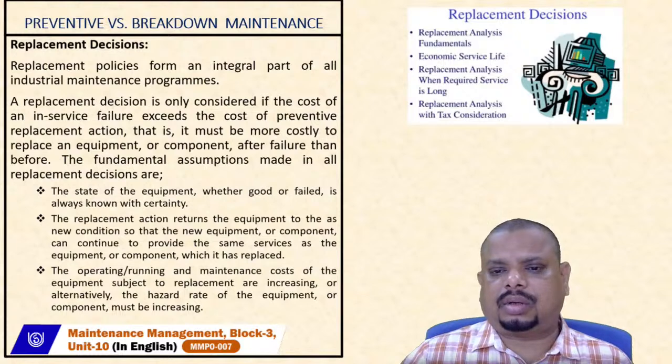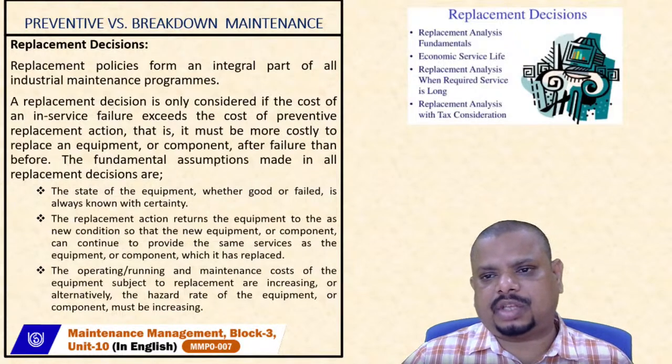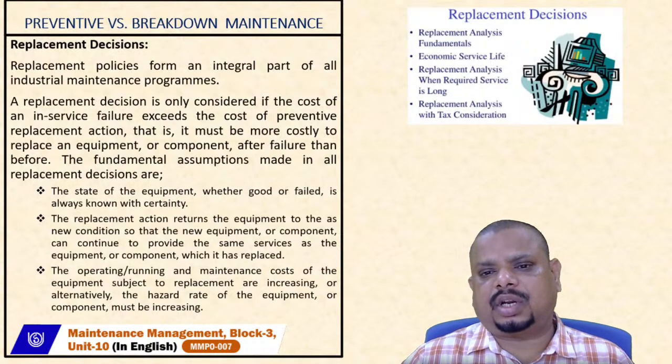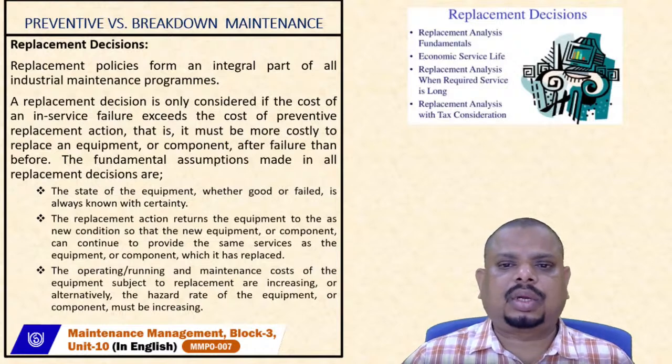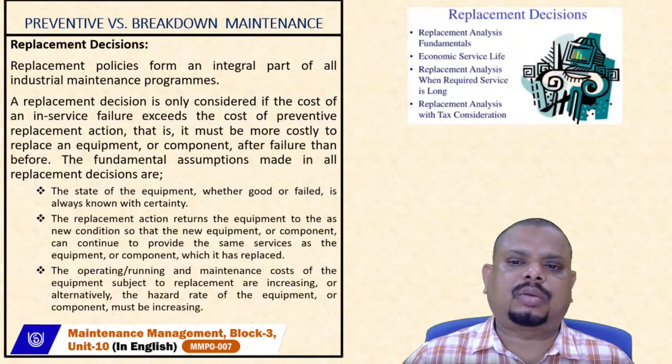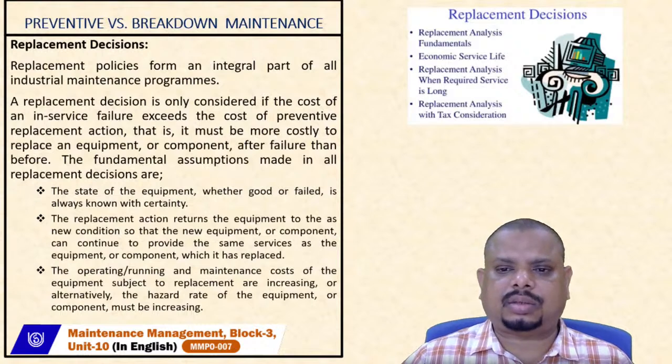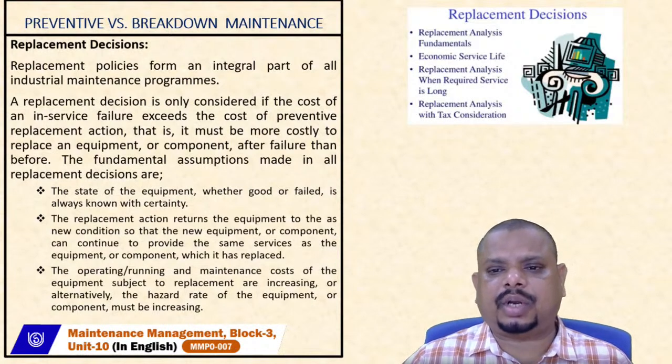If you go to the other aspects of replacement decisions, you have to conduct replacement analysis fundamentals so that you can easily identify the condition of the machines. Then you must determine the economic service life. That means if you provide the replacement, what is the operating service life of that particular machine?